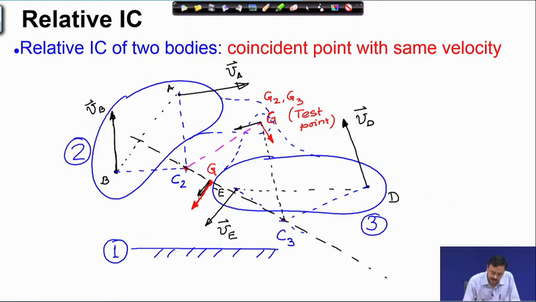So, which must be like this. Now, their magnitudes are not matching, they may not match because G is a test point right now. So, how to find out that point at which the magnitudes also must match?